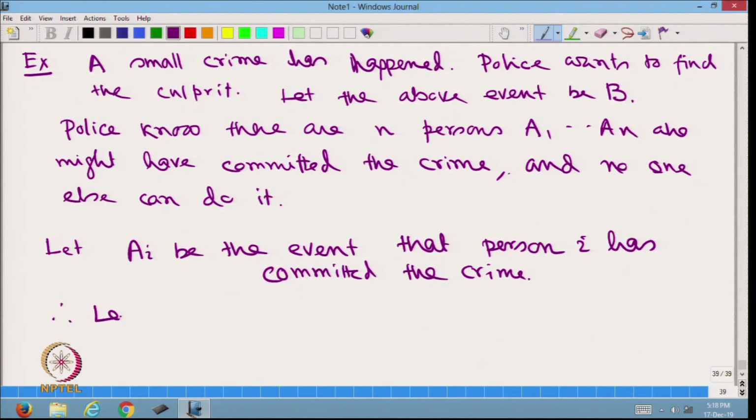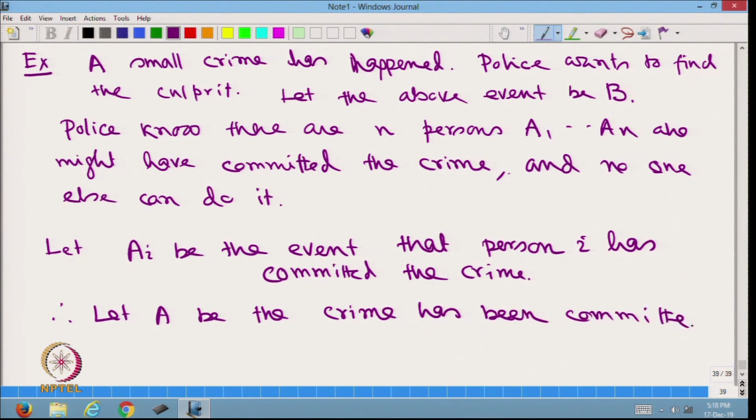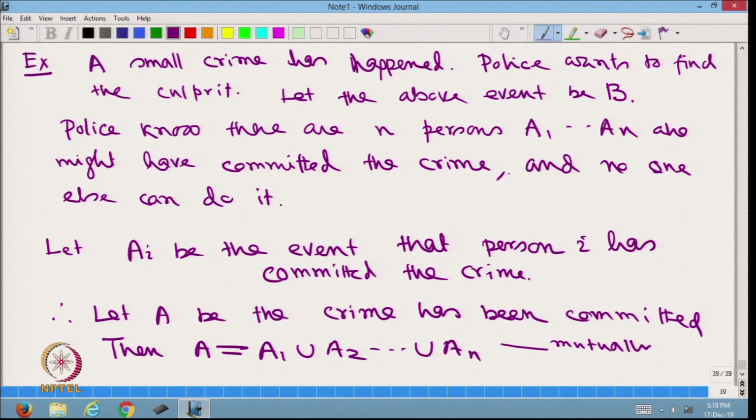Therefore, let A be the event the crime has been committed, then A is equal to A1 union A2 union An, and these are mutually exclusive and exhaustive.